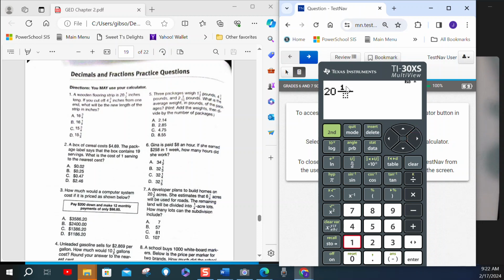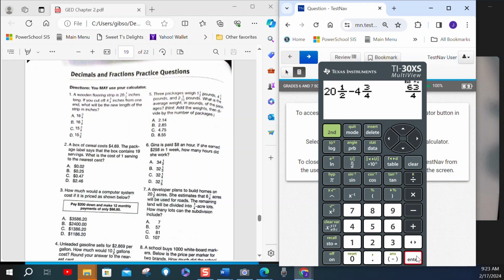It'll go to the top, the 1, hit the bottom arrow, 2, and hit the right arrow. So we add 20.5 minus, we'll press second and N over D. We have 4, hit the right arrow to the top, which will give us 3. Hit the bottom arrow to the bottom, 4, and press enter.